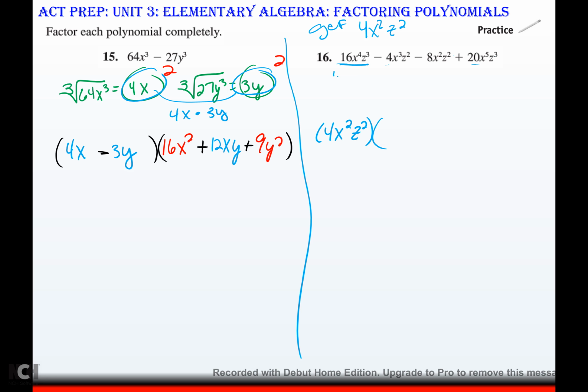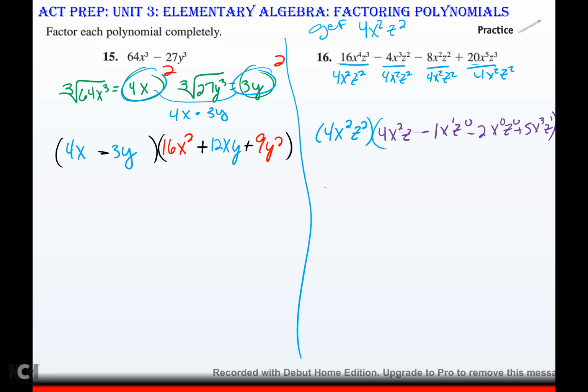To get what's left, I divide each term by 4x squared z squared, and I get 4x to the second z minus 1x to the first z to the 0 minus 2x to the 0 z to the 0 plus 5x to the third z to the first.